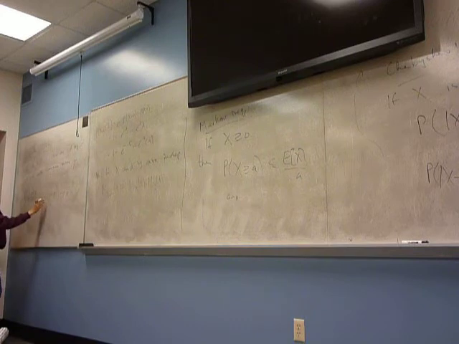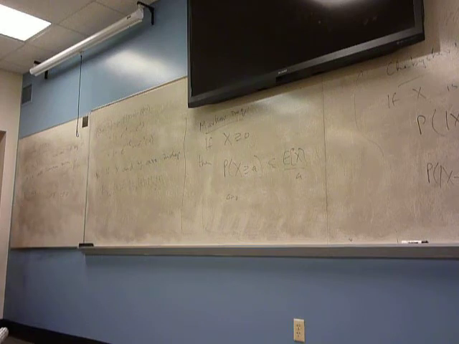So the probability that it's away from the mean is 0. So basically it says that this approaches the mean.